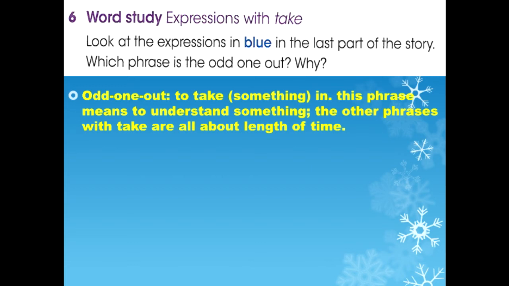So I'm going to repeat this. We have many phrases using the verb take. All of them talk about the length of time except one, which is take something in. This is a phrasal verb, but it means to understand something. It doesn't talk about the length of time.